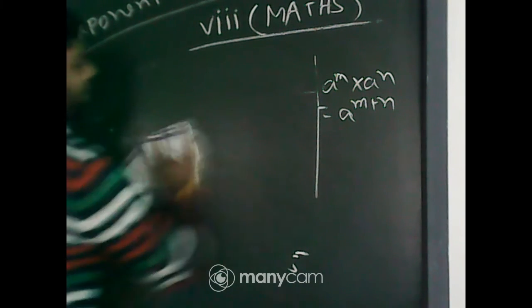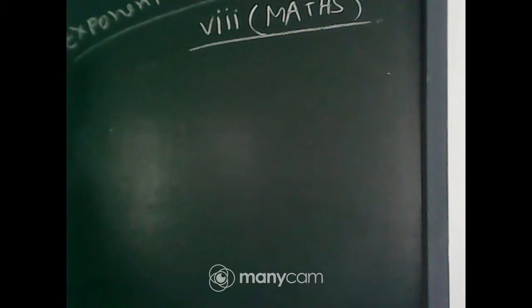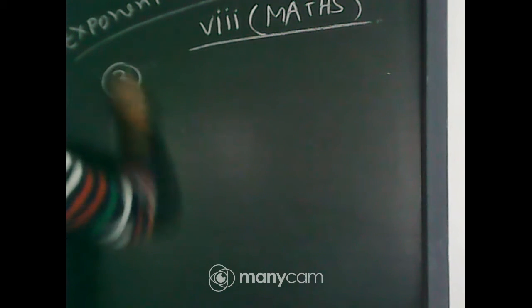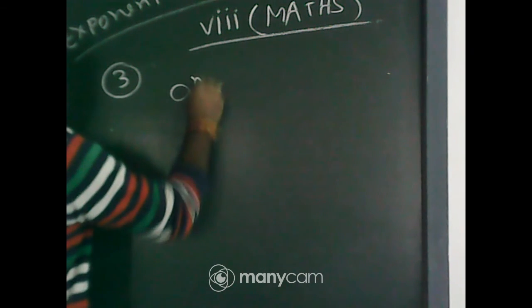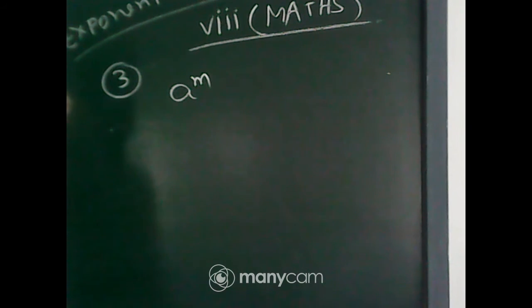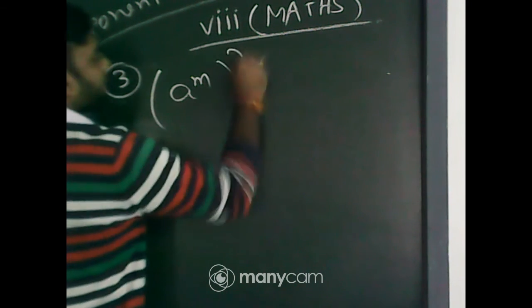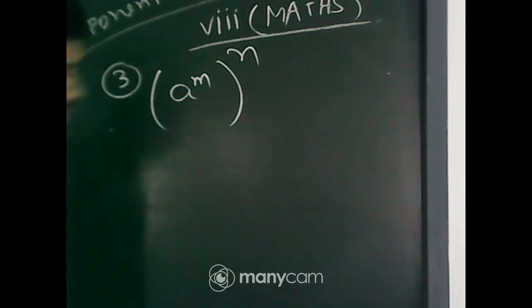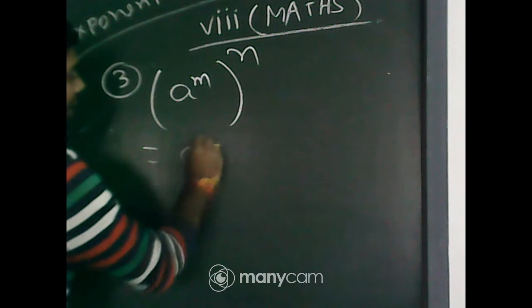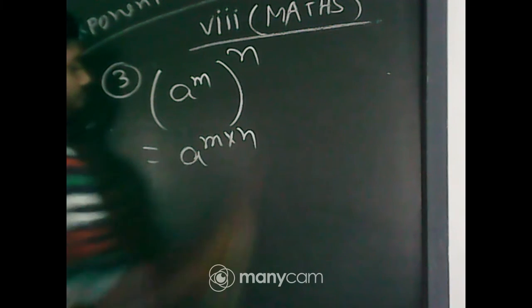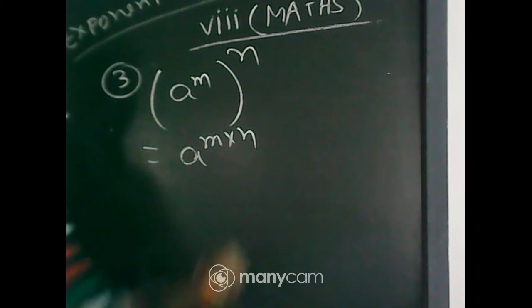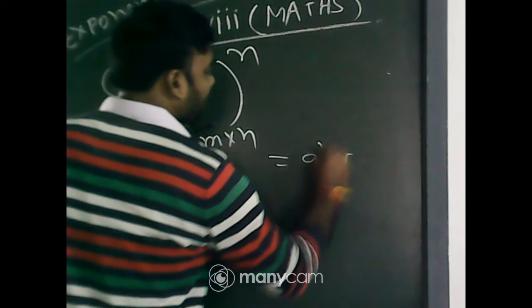Next, that is number 3: a to the power m, whole to the power n. What will we do? That is a to the power m into n, equal to a to the power mn.